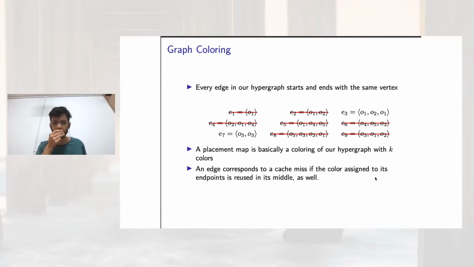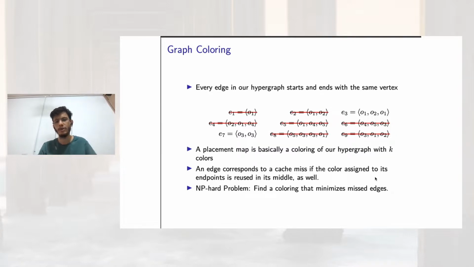An edge corresponds to a cache miss if the color assigned to its endpoint is reused in its middle as well. And the NP-hard problem is to find a coloring that minimizes the missed edges.